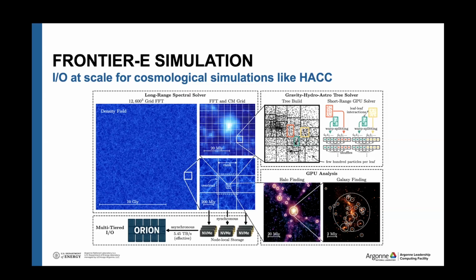On Frontier, like most systems, they're initially not very stable, so we needed to checkpoint very, very frequently. In this way, we developed this multi-tiered I/O system, where we took advantage of the NVMe, the node-local storage on Frontier, and modified our checkpointing so that the MPI ranks local to a compute node write a checkpoint per individual node.